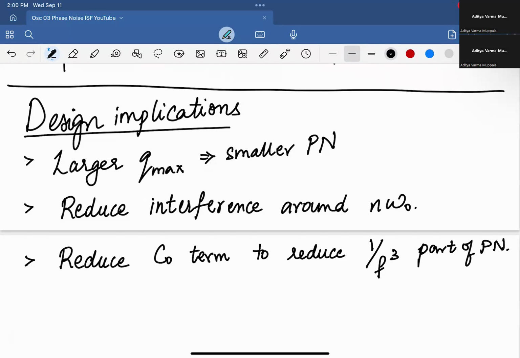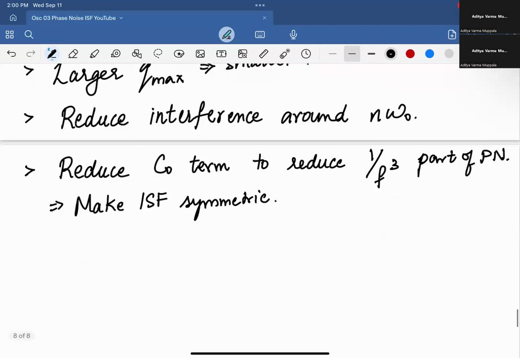Okay, so how do you do this? It implies we need to make the ISF symmetric, so it doesn't have any DC component, right?